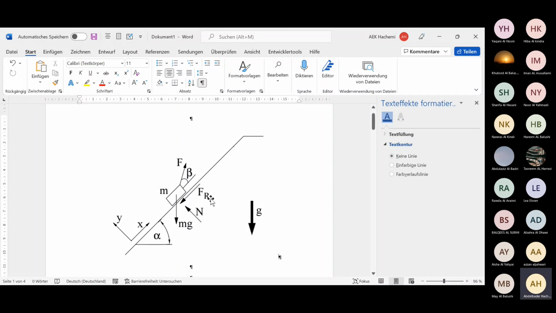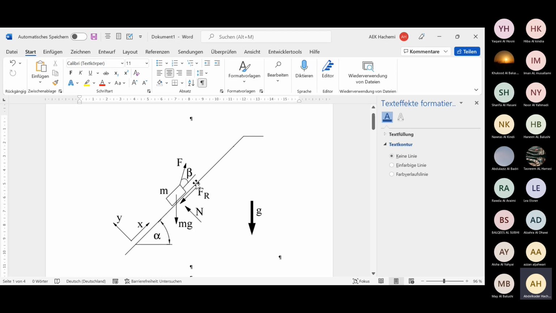Now we have our force F making an angle beta with the x-axis, the applied force or the external force. If I make the free body diagram or make a cut, we have the normal force, the contact force between the mass and the plane.